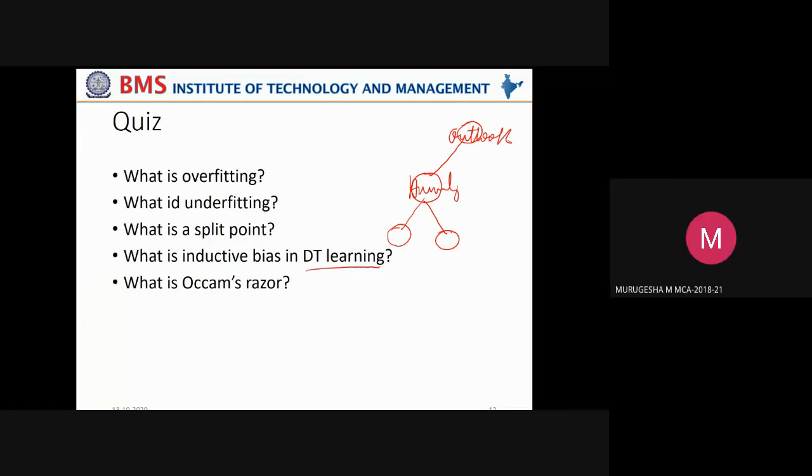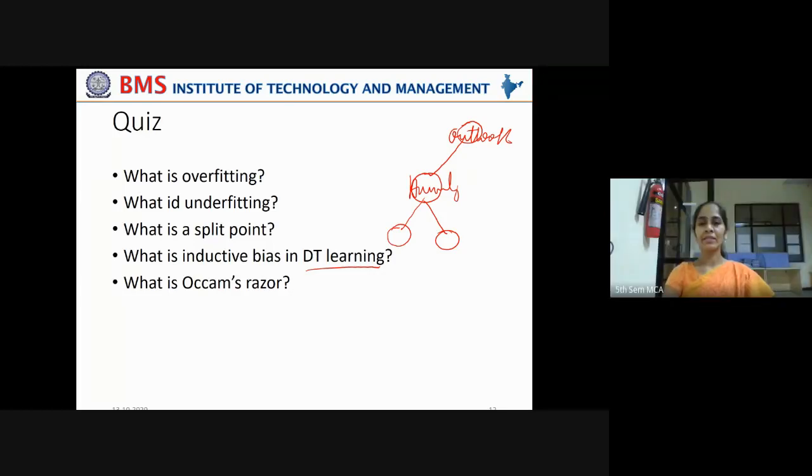Selects the trees that place the attribute with the highest information gain. Very good. Selecting the trees which place the attribute with higher information gain at the root nodes. Okay, these 2 are the assumptions.